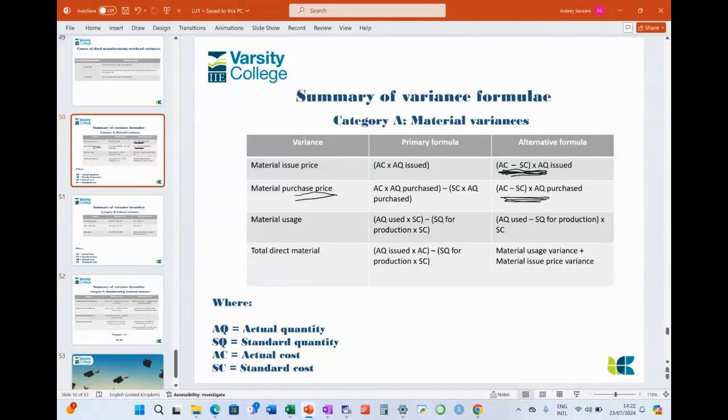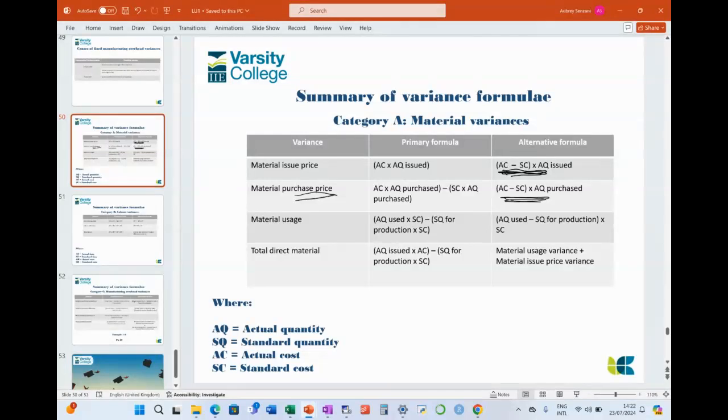Here we're talking about issued price, in other words, what was used. And here we're talking about purchased price, in other words, what was bought. Because sometimes we can purchase 10,000 worth of inventory, but we only issue how much? 3,000 to be used in the manufacturing process. Does that make sense? So that's what we're actually talking about.